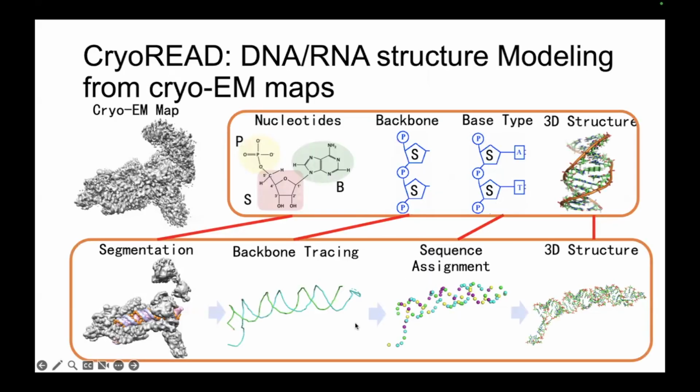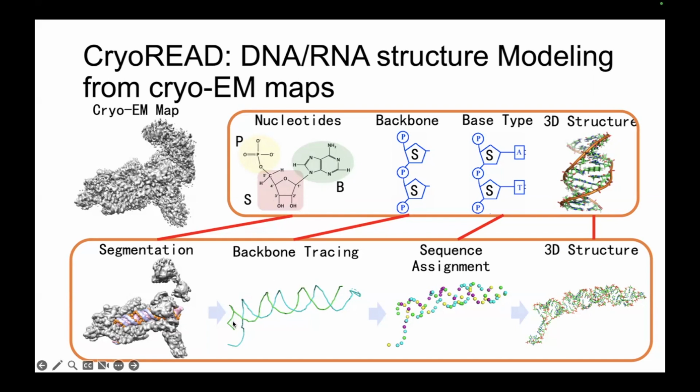Okay, then the next topic is CryoREAD, DNA and RNA structure modeling from cryo-EM maps. CryoREAD is quite similar to DeepMainMast. From the cryo-EM map, the deep learning U-Net architectures find the positions of the phosphate, sugar, and the backbone positions.